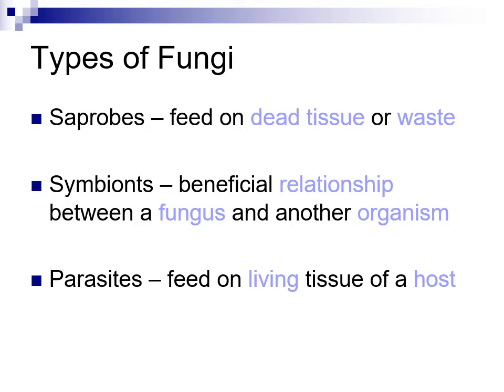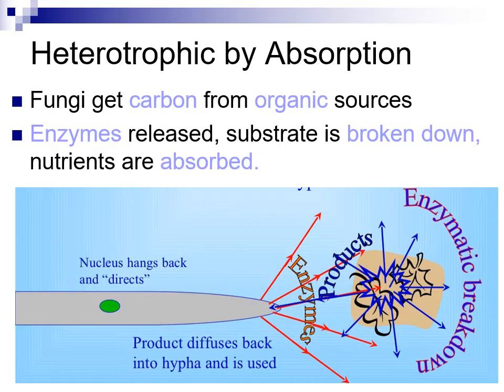Okay, so the fungus benefits in some way, and the organism that it lives with also benefits. But we also do have fungi that are parasitic, meaning that they are living with a living organism or host, and they're causing harm to that host. They're getting something good from it, but they cause harm to the host organism that they live with.